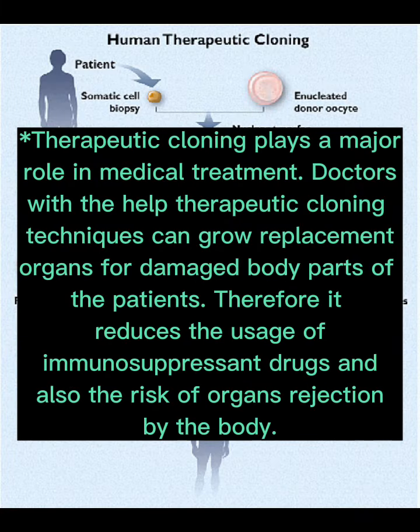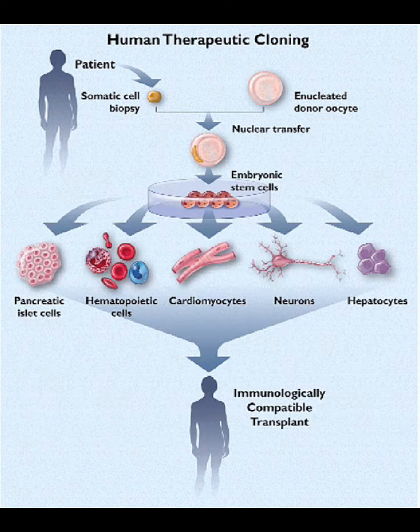Therapeutic cloning plays a major role in medical treatment. Doctors, with the help of therapeutic cloning techniques, can grow replacement organs for damaged parts of patients. Therefore, it reduces the usage of immunosuppressant drugs and also the risk of organ rejection by the body.